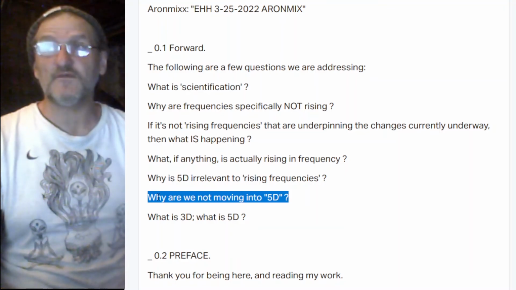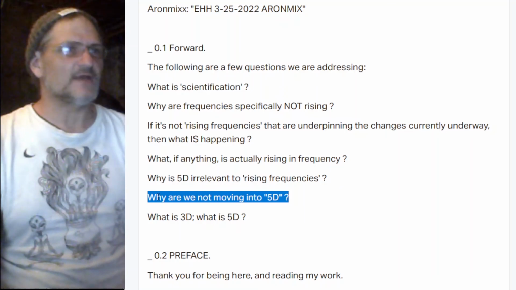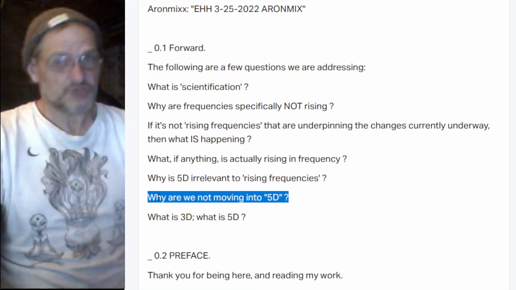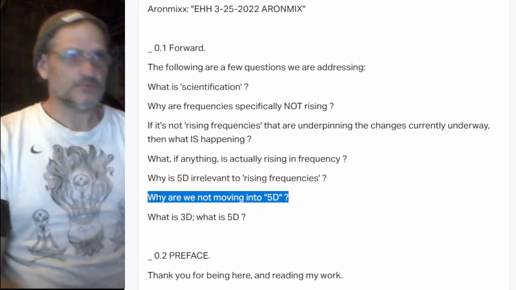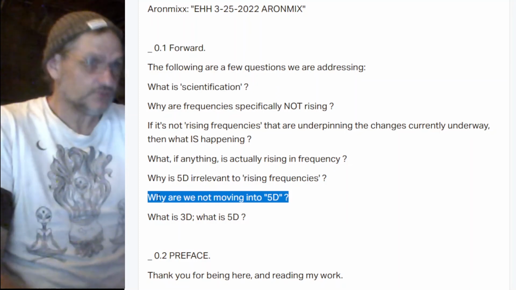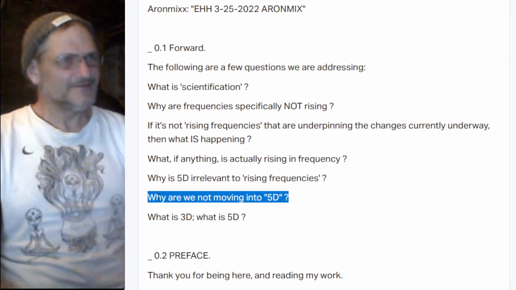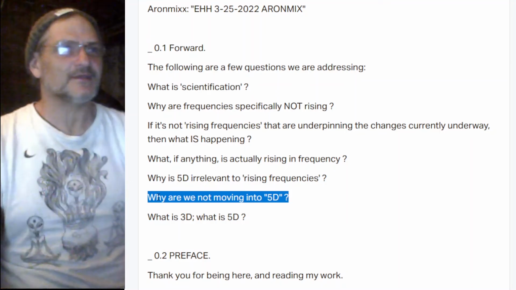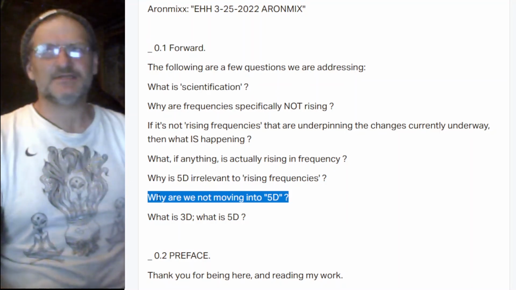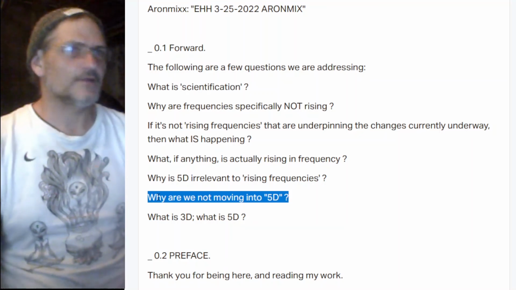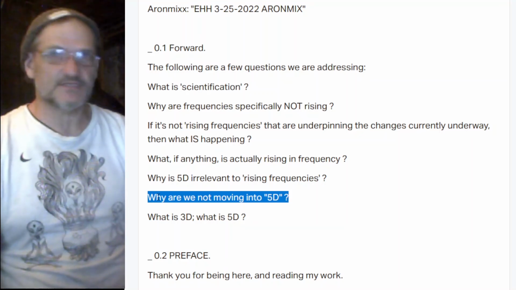There isn't a moving forward into 5D until you cause it, until you move it, until you get it. Otherwise, you're stuck. Until you start exercising it, you don't have it. That's why we are not collectively moving into 5D, because I'm already there.